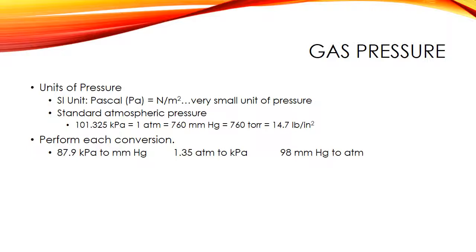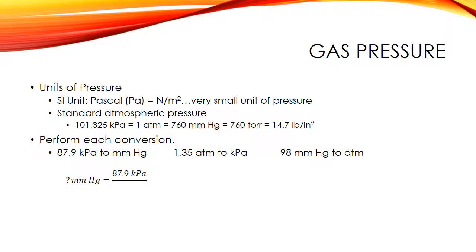Alright, so this first one here, we're asked to convert 87.9 kilopascals into millimeters of mercury. So this is just some basic dimensional analysis. We're looking for our pressure in millimeters of mercury. We're given a pressure in kilopascals, and so I just need to look at my equality up here and ask myself, what is the relationship between kilopascals and millimeters of mercury?